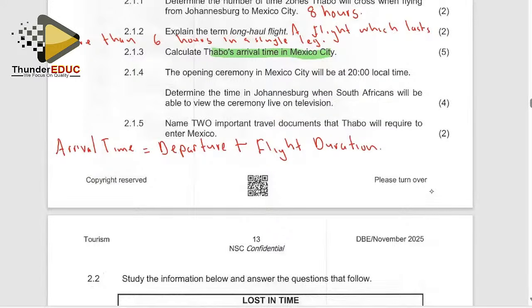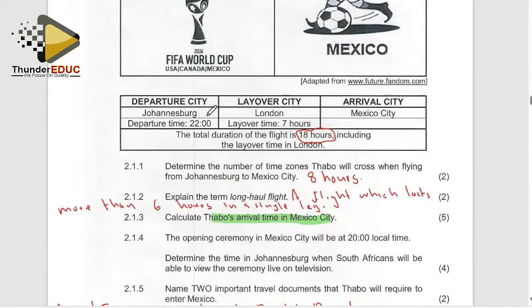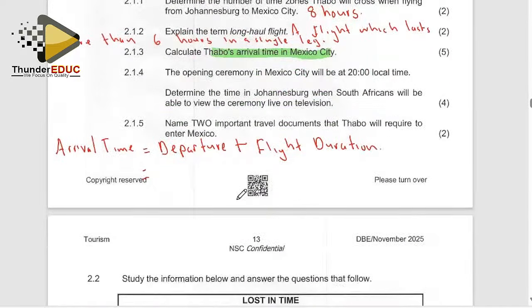So what are we looking at there? So let's first determine the departure. We have been told that Thabo left Johannesburg at 22:00. So we write down our 22:00, which is 10 at night. Then we have been told that the time difference between Mexico and Johannesburg is 8 hours. So Mexico is actually behind.